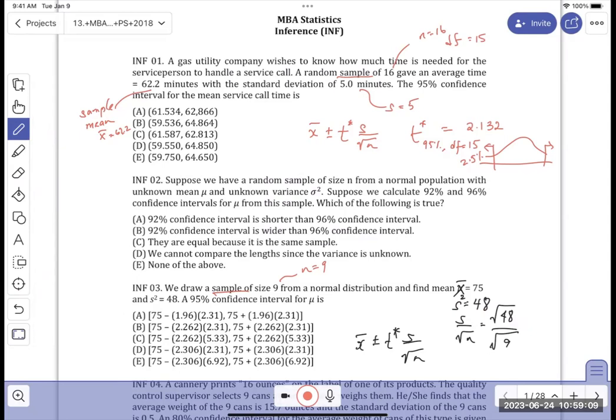Just one moment, I have to check something. Okay, so 48 divided by 9, square root. What's going on here?